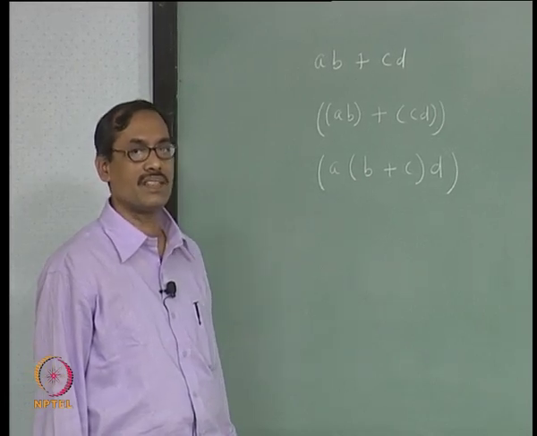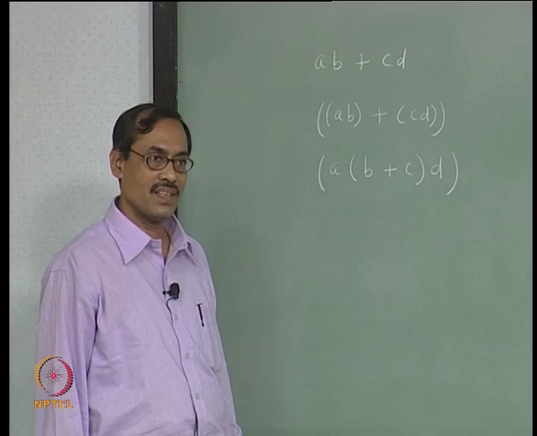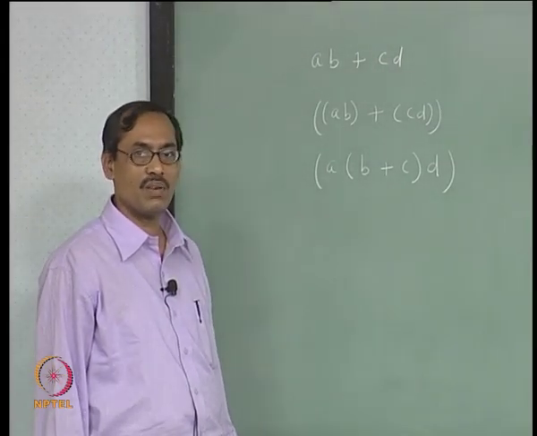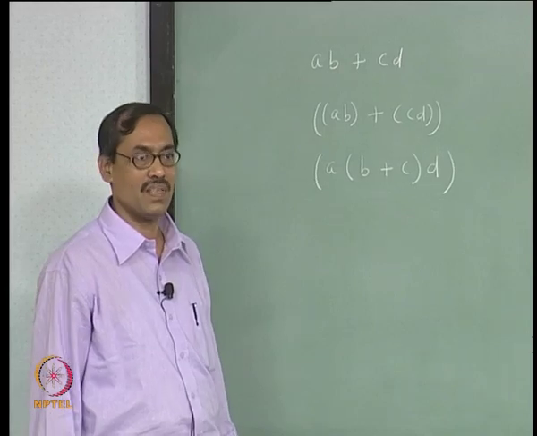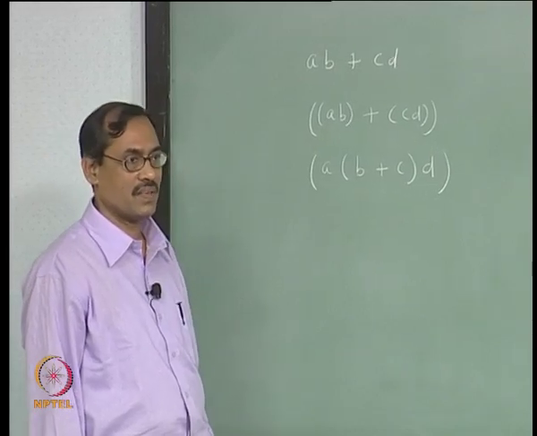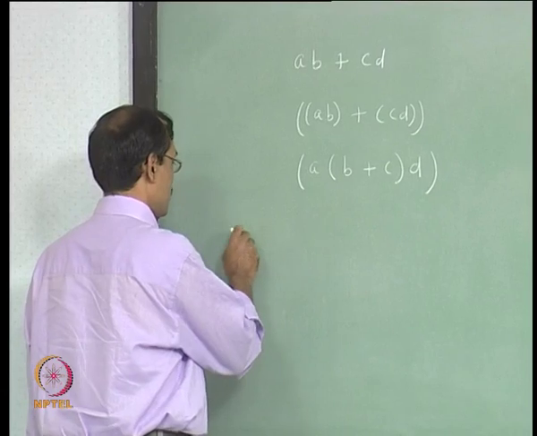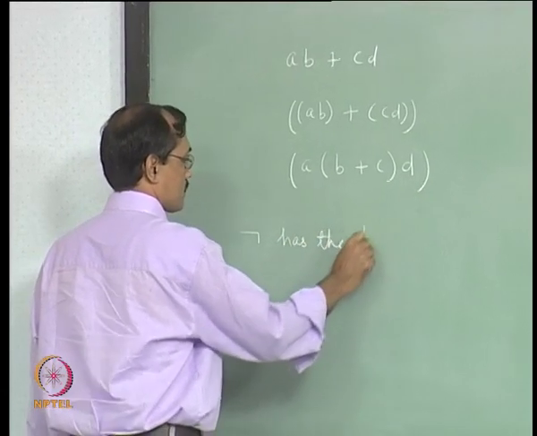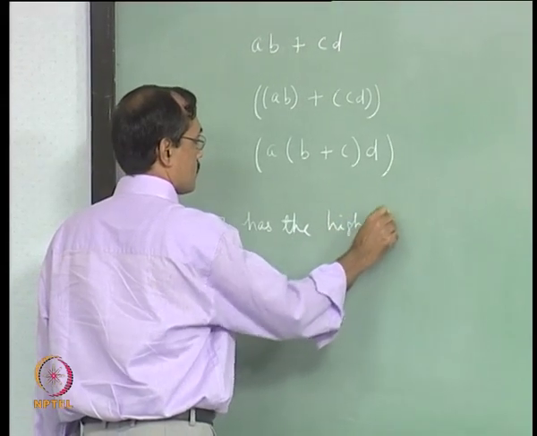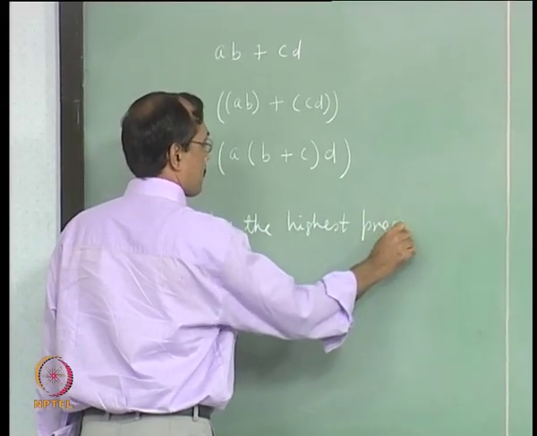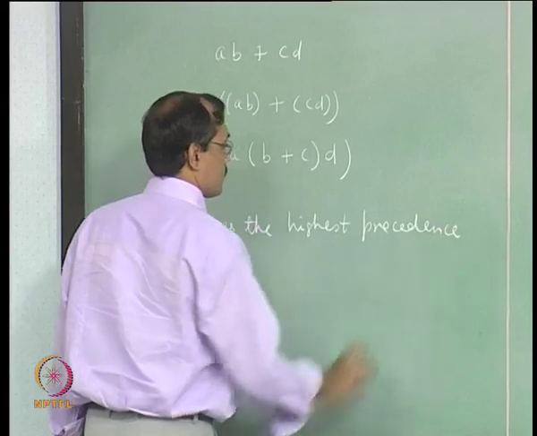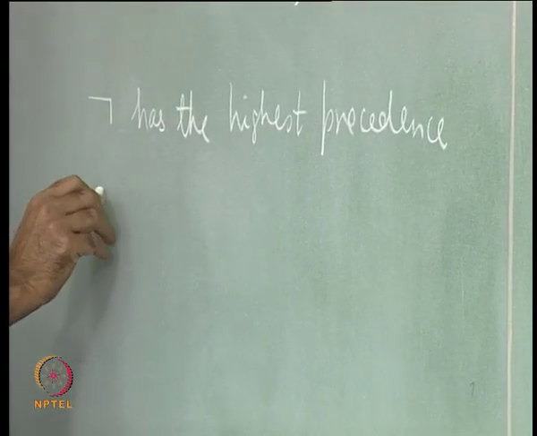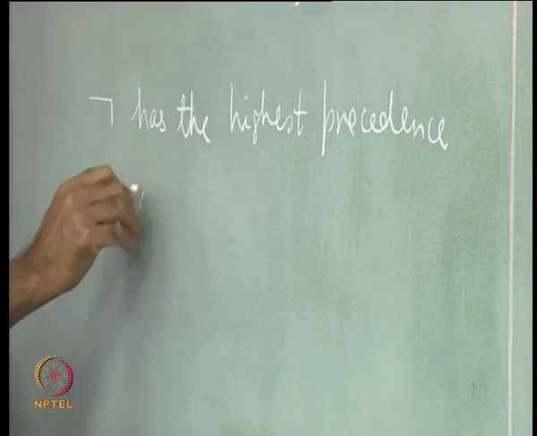Similarly, we will define some precedence for the connectives, so that the number of parentheses will become less. It will not eliminate them altogether, but they will be fewer, fine. For the precedence we take not as the highest precedence. Next precedence will be for these two connectives.